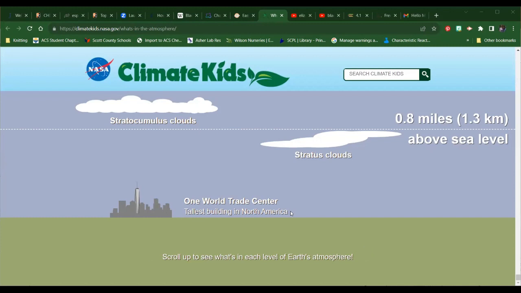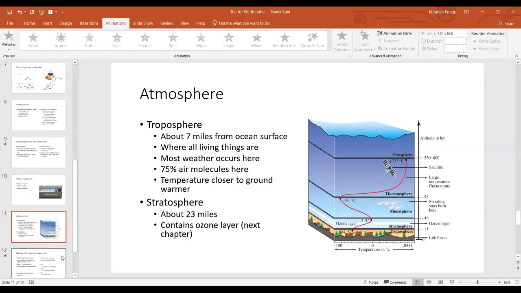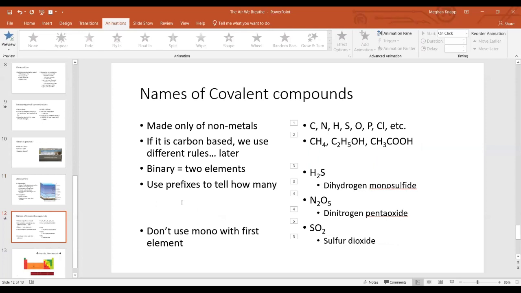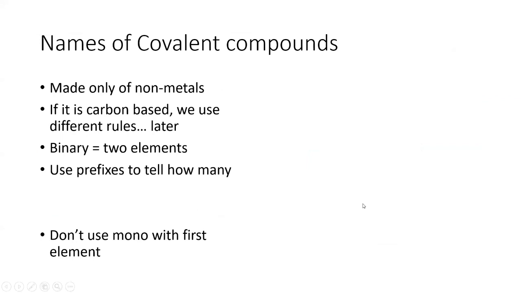Okay, going back to our PowerPoint, we are looking at naming compounds. Now we are going to look at what are called covalent compounds. So covalent compounds make molecules. So we have some compounds that make crystals like salt, and some compounds that make individual little molecules.